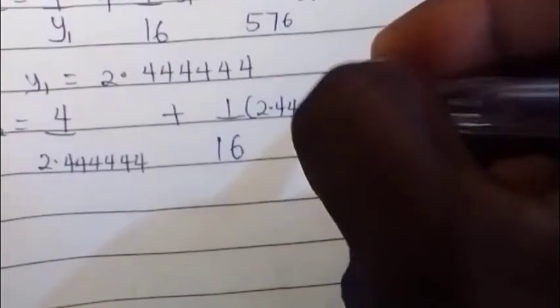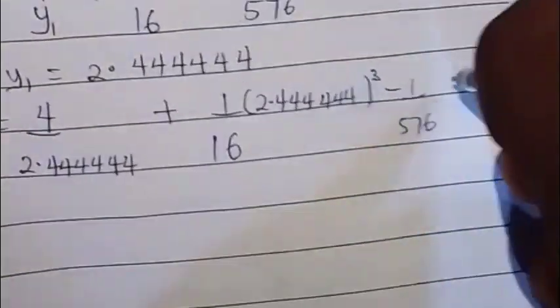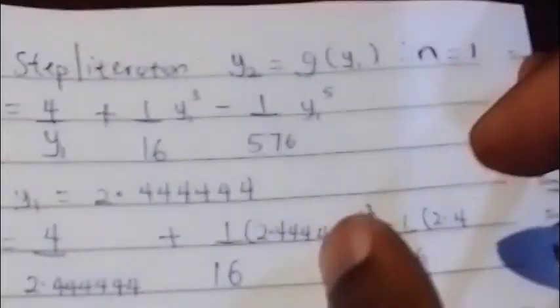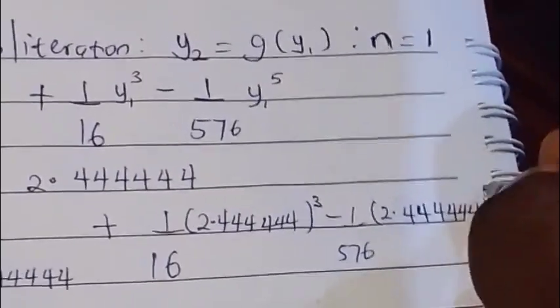2.444444. So our y2 would now be 4 divided by 2.444444, plus 1 over 16 into brackets 2.444444 all cubed, minus 1 over 576 times 2.444444 to the power of 5.